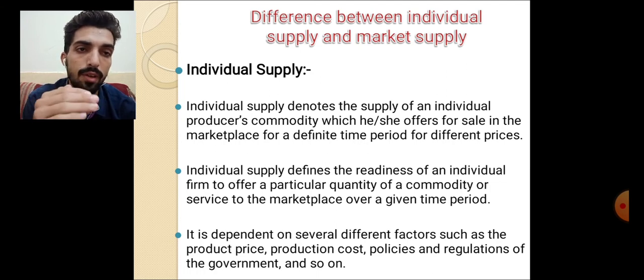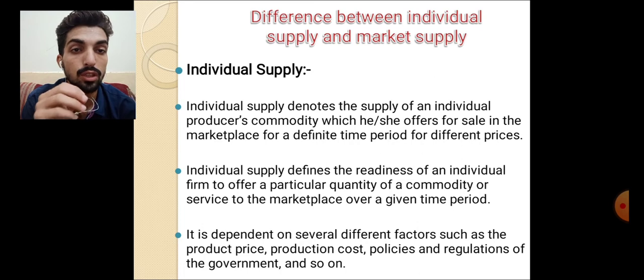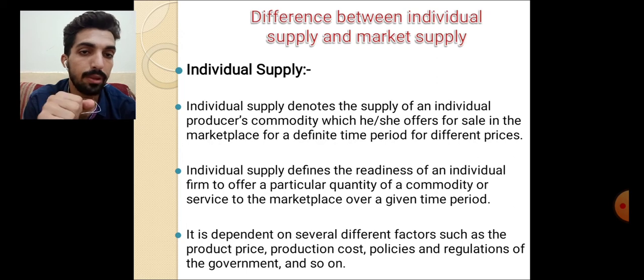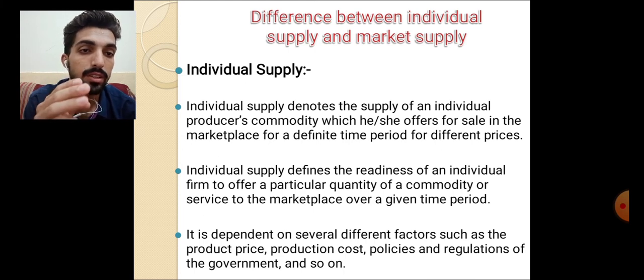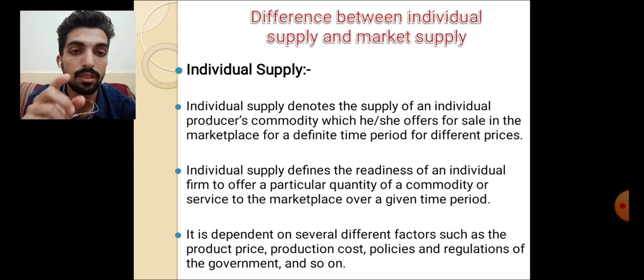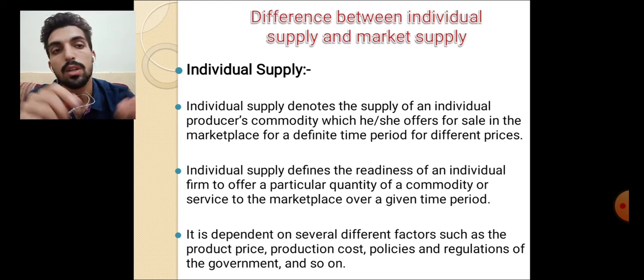Individual supply defines the readiness of the individual firm to offer a particular quantity of a commodity or a service to the marketplace over a given time period. It depends on several different factors such as the product price, production costs, policies and regulations of the government and so on.